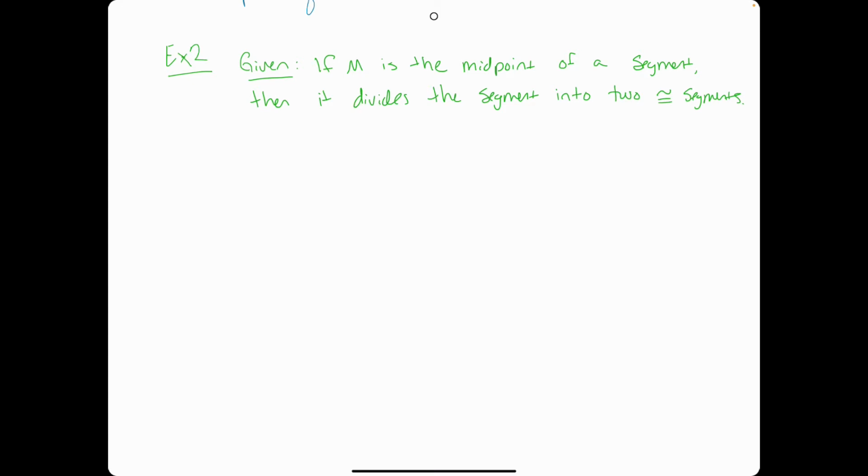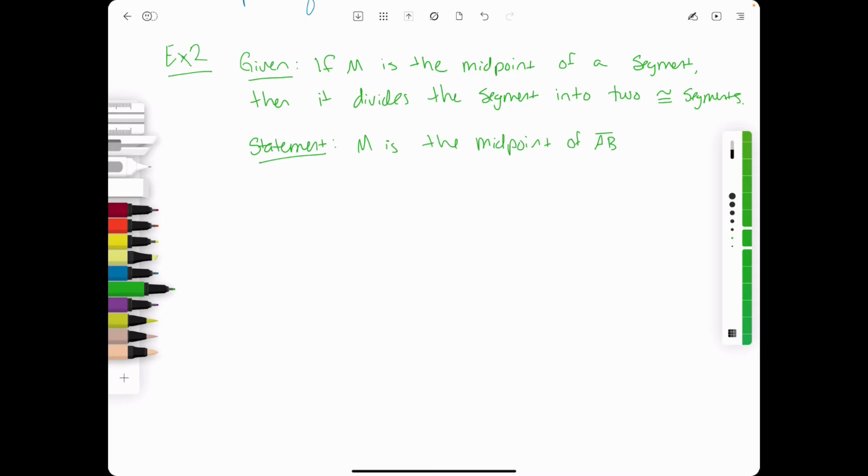Okay? Conditional statement is true. So then they also give us this statement. They don't label it as a statement, it's just written below. I'm going to label it as statement. So here's what they then give us. It says M is the midpoint of AB, segment AB. So for the fun of it, I'm just going to sketch this real quick.